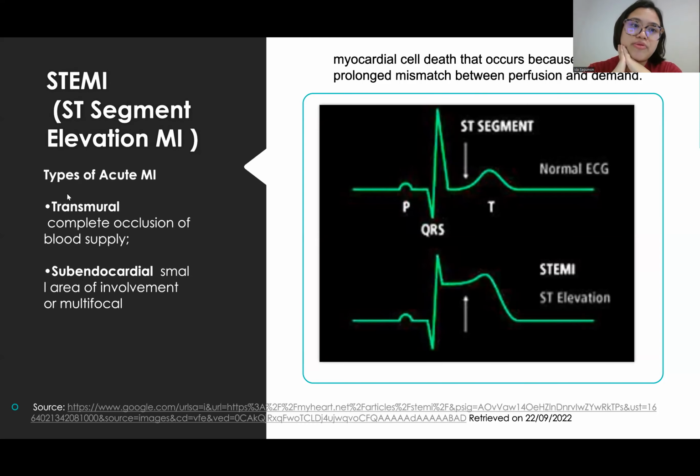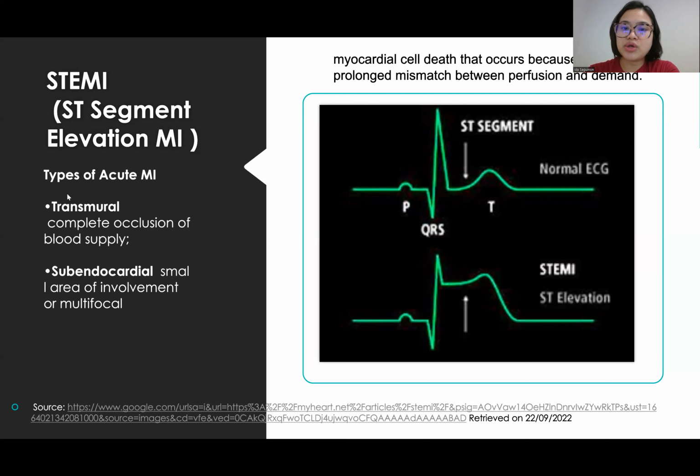STEMI is a form of MI where there is ST segment elevation on the ECG. With STEMI, myocardial death occurs because of the prolonged mismatch between demand and perfusion, as mentioned earlier. As we can see on the illustration, the picture above is the normal ECG.